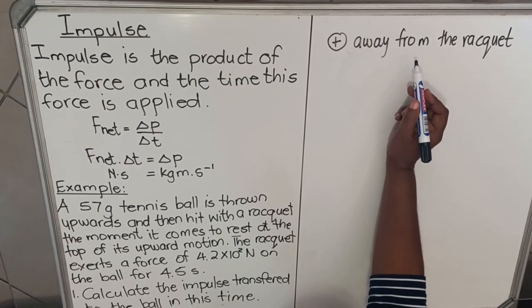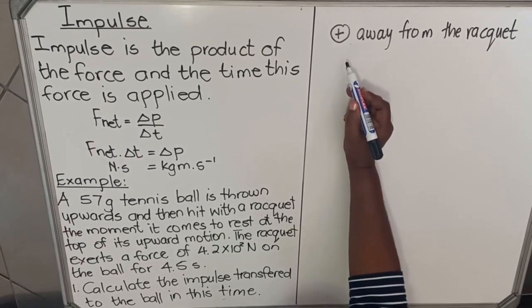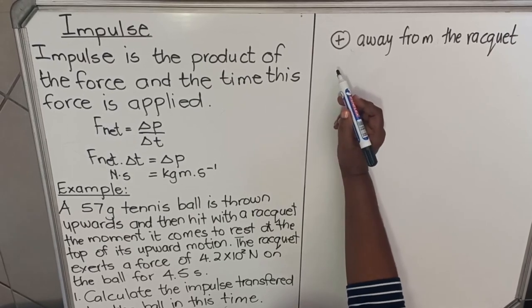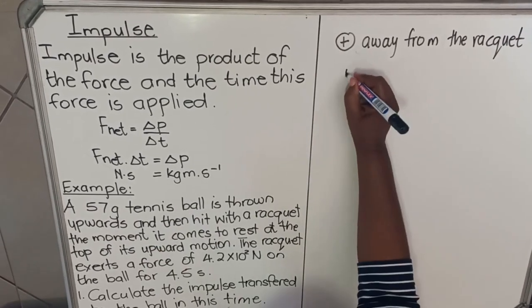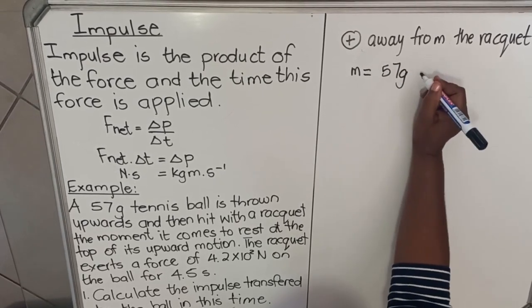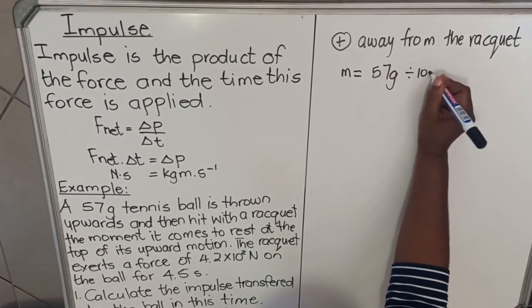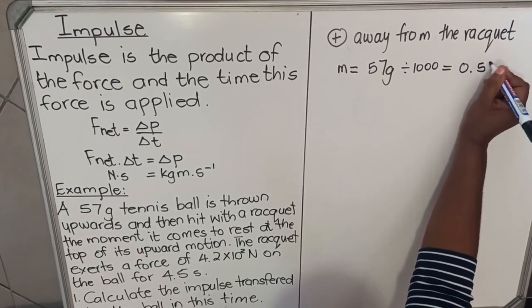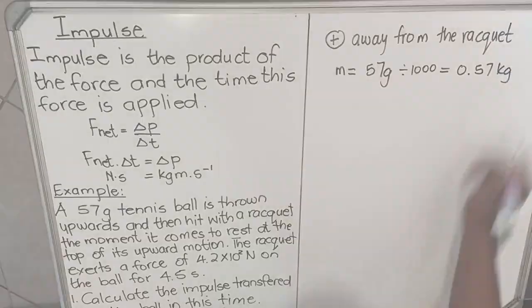So if the ball is moving away from the racket, then that velocity will be positive, or the force or whatever, as long as it's moving away from the racket. And then the mass of the tennis ball is 57 grams. You remember in this section that you must have kilograms, so it's divided by 1,000. It will be 0.057 kilograms.